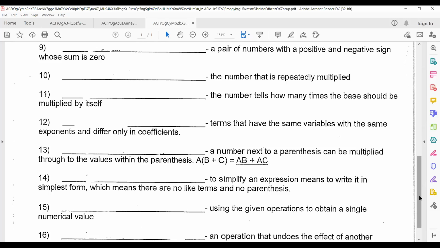I went from 1, 2, 3 terms down to 2 terms when I had that distributive property. So whether you talk about evaluation or simplifying, it doesn't matter. You won't see that on a test anyhow. I won't be asking you the difference between simplifying and evaluating.